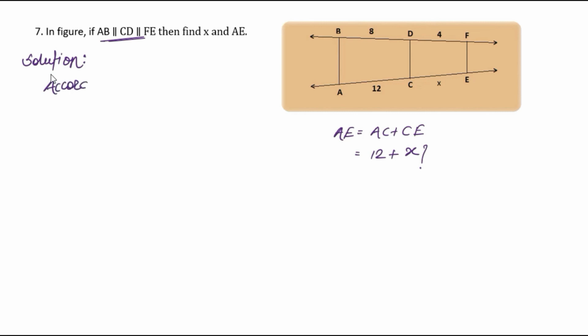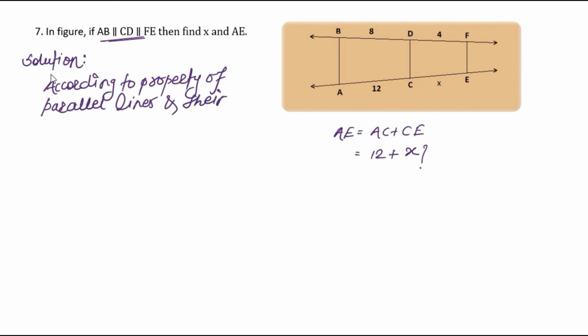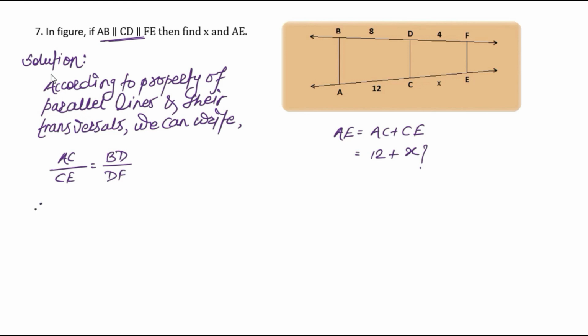Therefore, according to the property of parallel lines and their transversal, we can write AC upon CE is equal to BD upon DF. Okay, very straightforward sums.